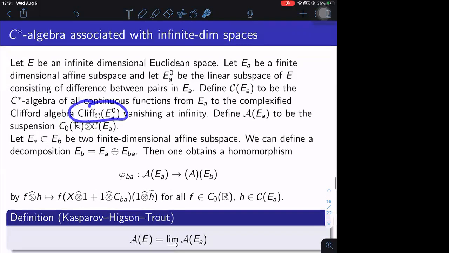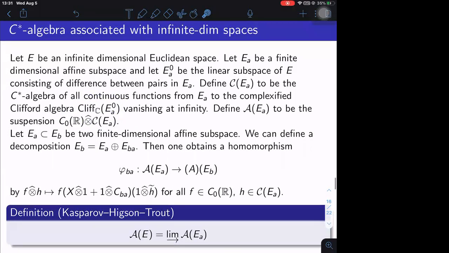Also, if you have any pair E_alpha and E_beta, with E_alpha included in E_beta, then we will have a decomposition for E_beta, and such a decomposition will give you an inclusion from this algebra to this algebra.